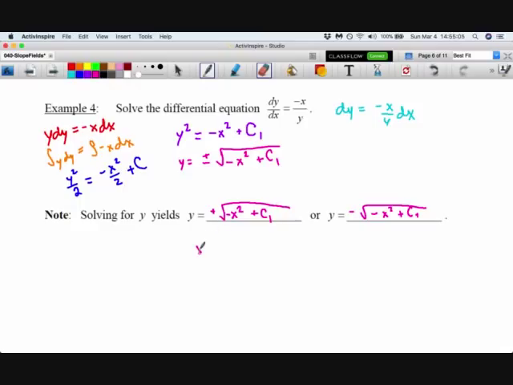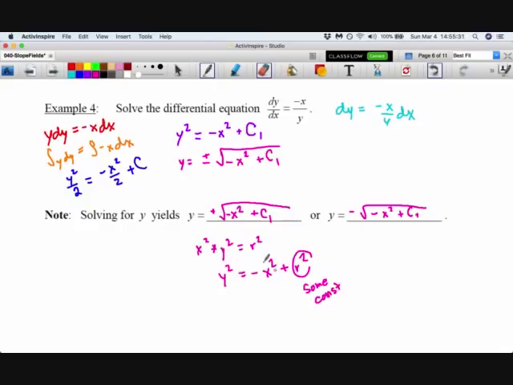Because our circle starts off like this. So if we solve for y, plus r squared. Right? And this is just some constant.